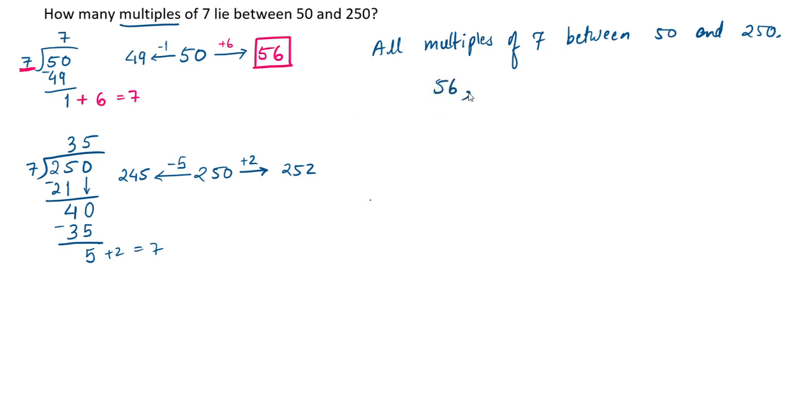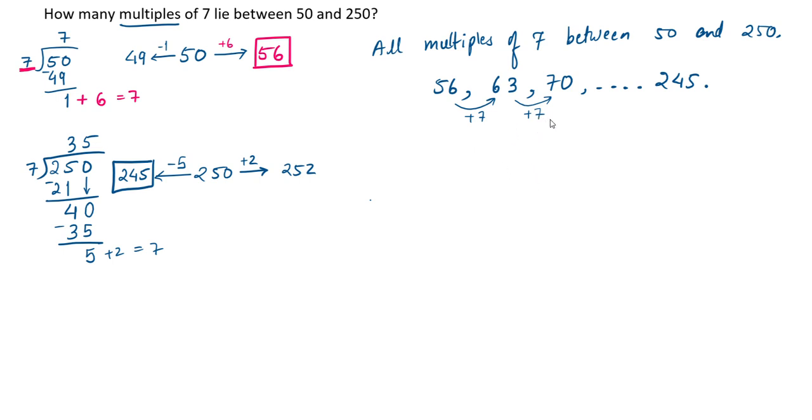The next number we get by adding 7, so we'll get 63, then 70, and it will keep on going until the last number, which is going to be 245. So what is this? This is an arithmetic sequence or arithmetic progression, as we are adding 7 each time.